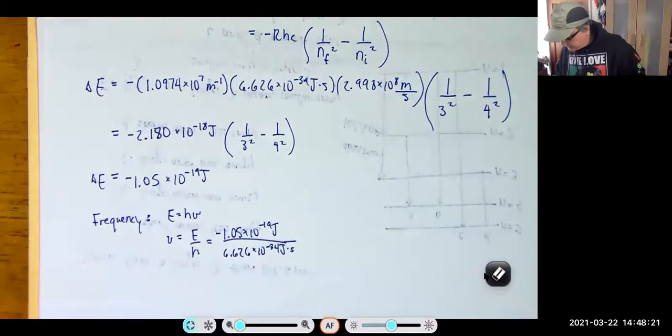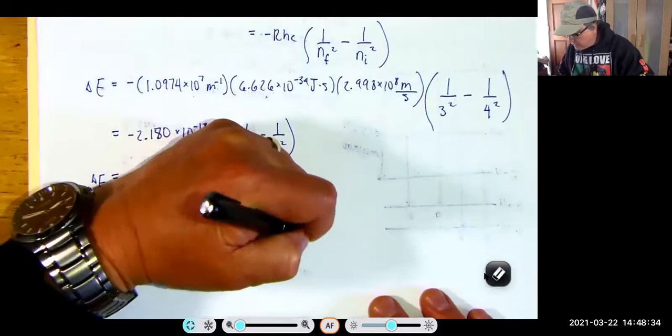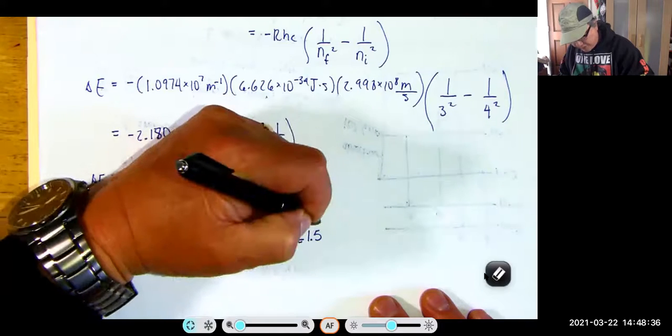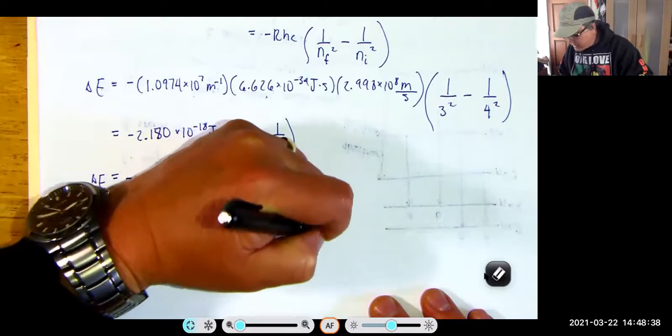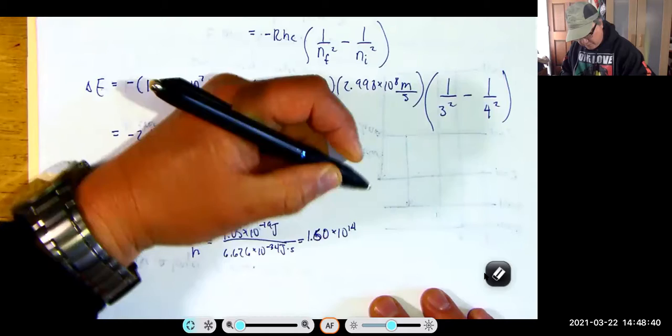Okay, so let's see what we get. Divided by 6.626 EE negative 34, and I get 1.60 times 10 to the 14th per second.